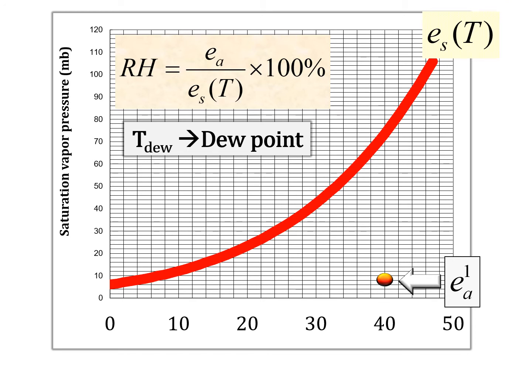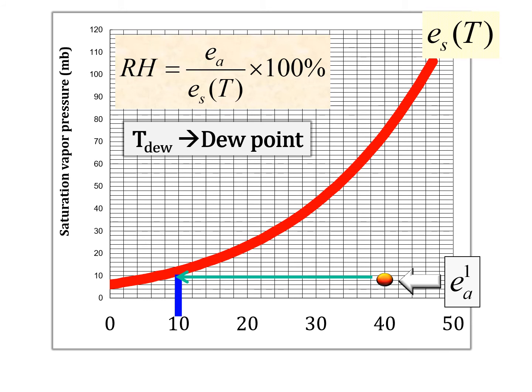Not many water molecules in the air, so it has a long way to become saturated at 40 degrees C. How can we cool this parcel of air to become saturated? Here, this is the dew point temperature, 10 degrees C.